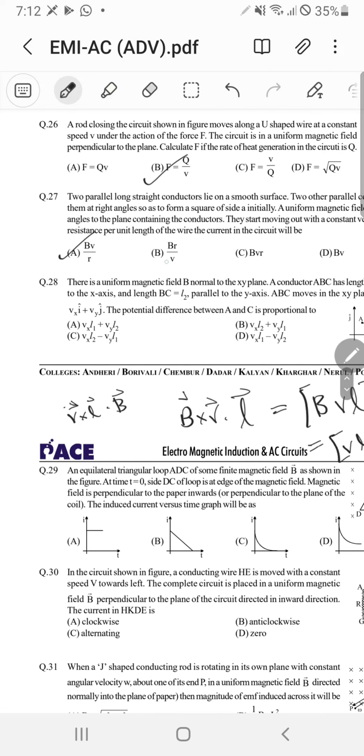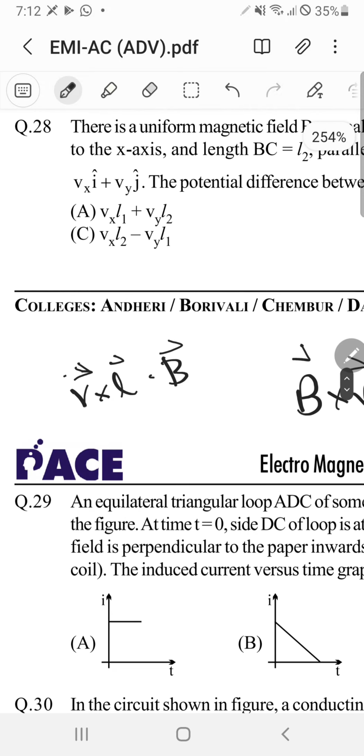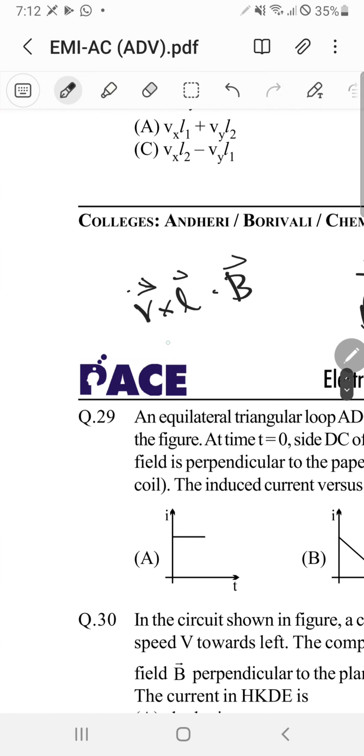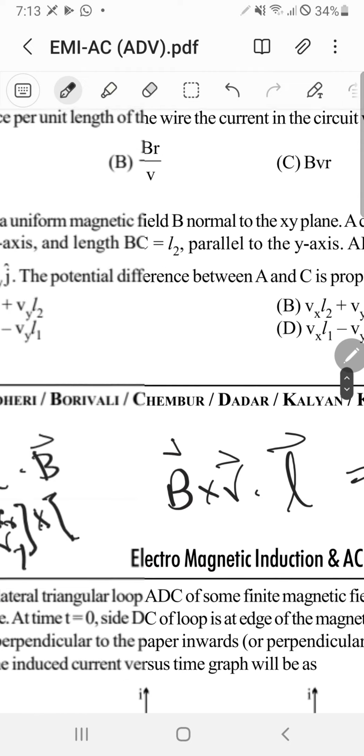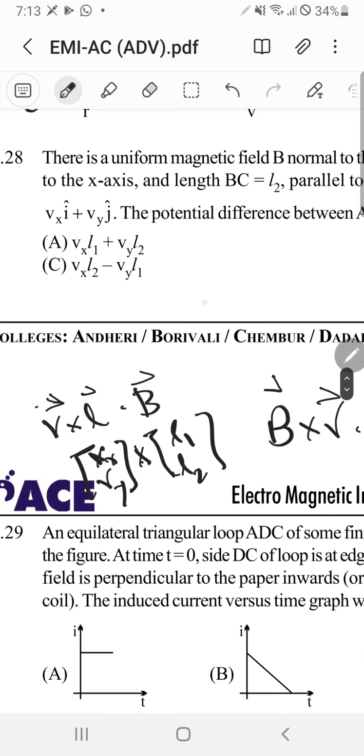So you got Vx Vy and let's draw this thing. Vx, Vy and cross L vector is what? L1 L2. So it will be L2 Vx minus L1 Vy.